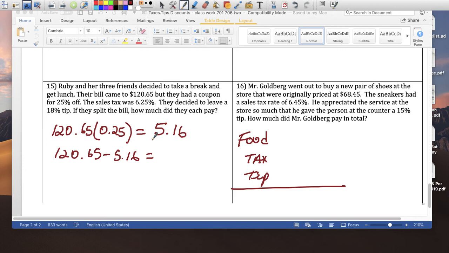So 120.65 minus 5.16 equals, so the food price came down to, now I can write that the total food price is $115.49.